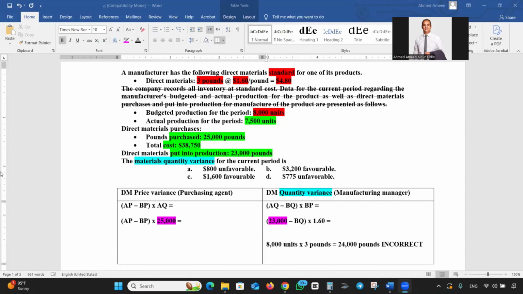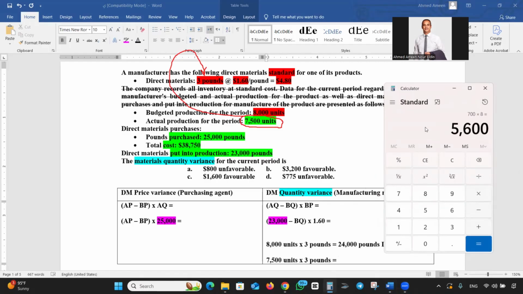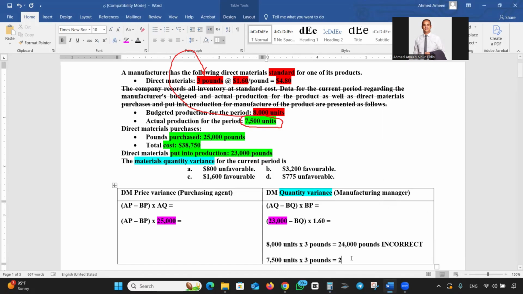The correct amount that you should use is multiplying the 7,500 units that you actually produced by the direct material that must be used per unit. So the equation will be 7,500 units multiplied by 3 pounds of direct material, which we will calculate on our calculator: 7,500 multiplied by 3 gives 22,500 pounds.